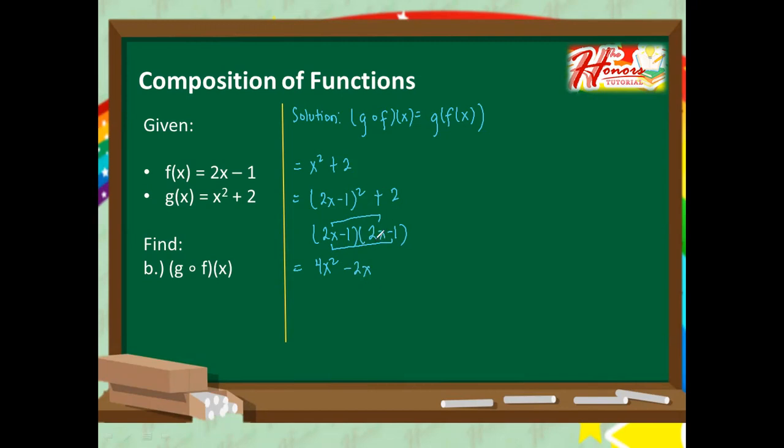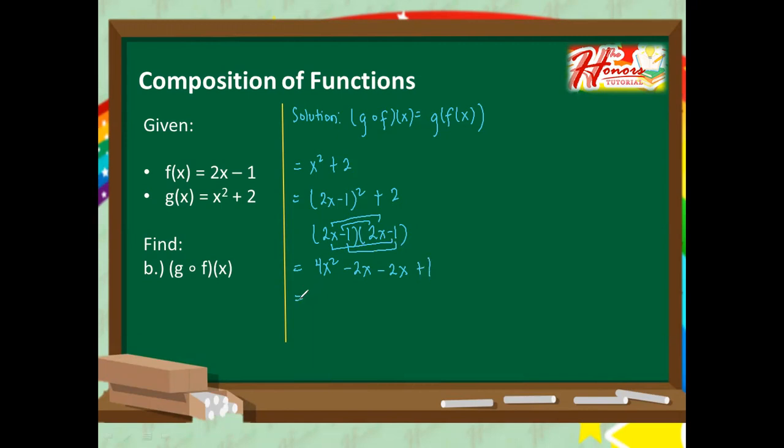And then again, copy the variable, which is x. Next, the inner term. So we have here negative 1 times positive 2x. It is still negative 2x. And then, let's multiply the last term. So negative 1 times negative 1, that's positive 1.